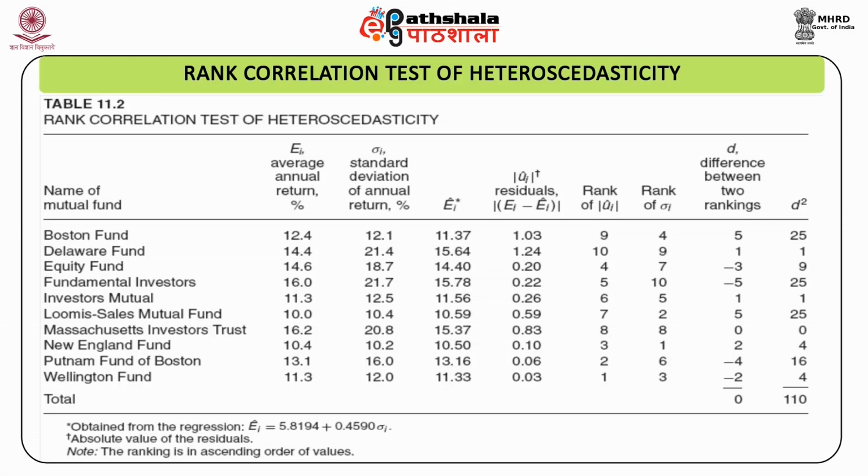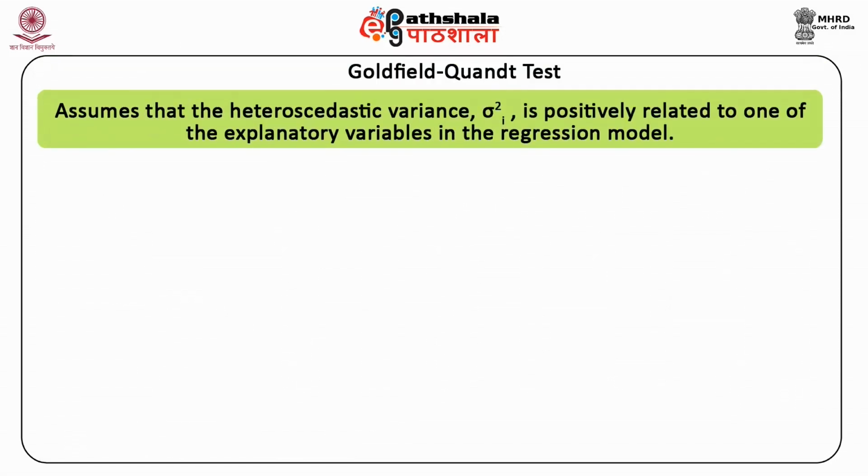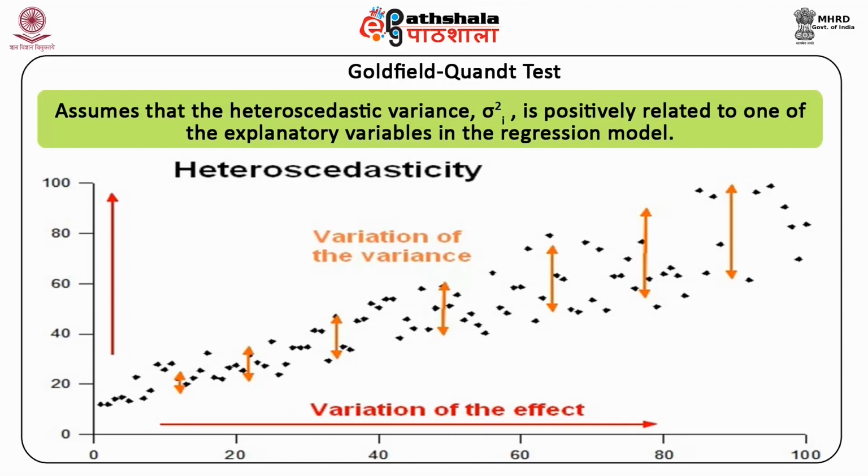Thus, there is no evidence of a systematic relationship between the absolute values of the residuals and the explanatory variable, which might prove that there is no heteroscedasticity. This method assumes that the heteroscedastic variance sigma i square is positively related to one of the explanatory variables in the regression model.